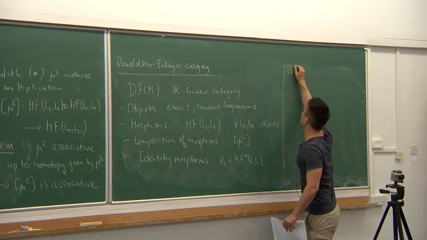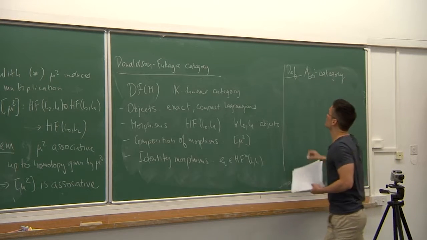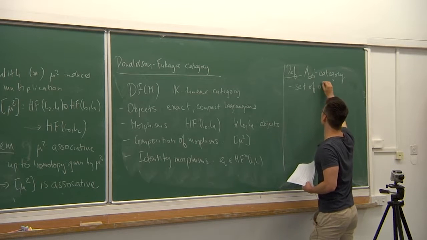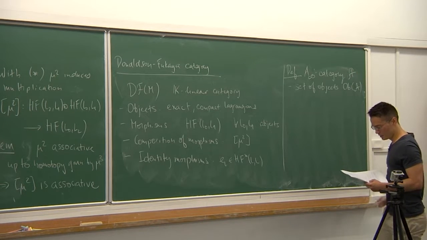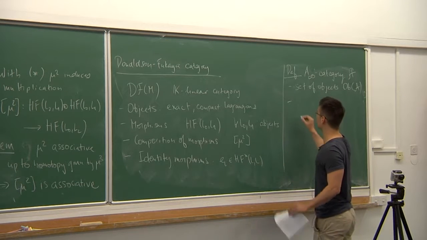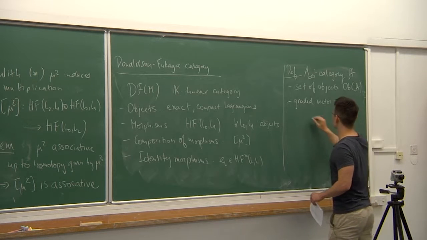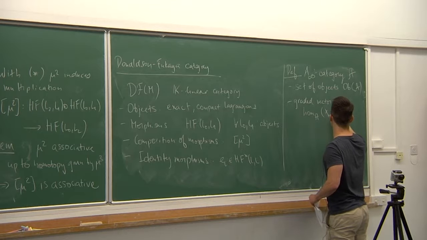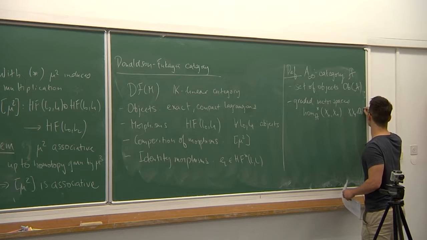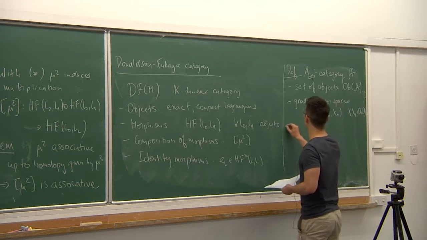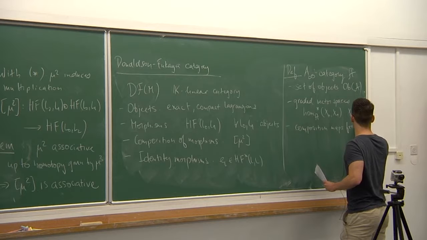So let me write down the definition of an A-infinity category. Here we also have a set of objects, and morphism spaces are graded vector spaces. And we have composition maps for d greater than or equal to 1.